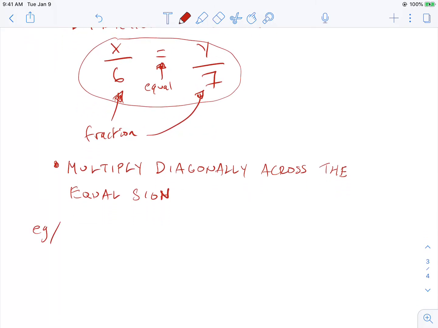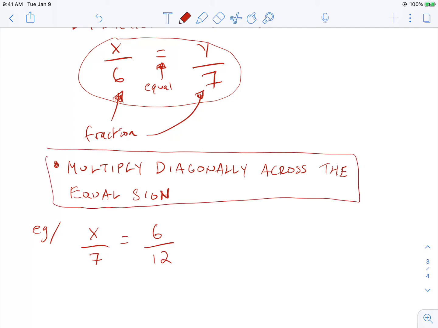So if I had something like x over 7 equals 6 over 12. Okay? So what this means is, since I have a fraction sandwich, a fraction on the left, a fraction on the right, and an equal sign in the middle, I am free to use this rule. Multiply diagonally across the equal sign.